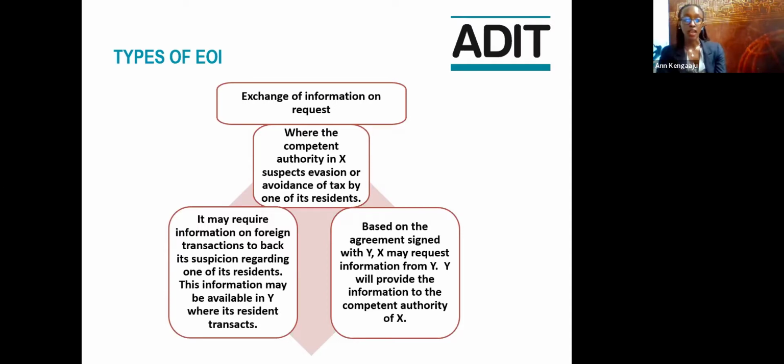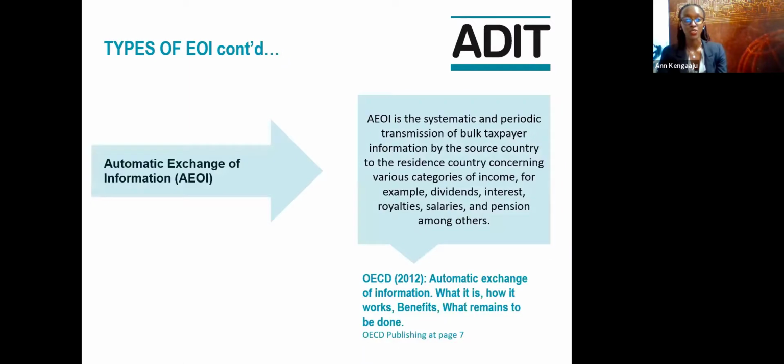So in this case, it will request the other state to share information with them regarding that specific case at hand. And the other country will, based on the letter and the terms laid down in the treaty, as well as their domestic legislation, share that information.